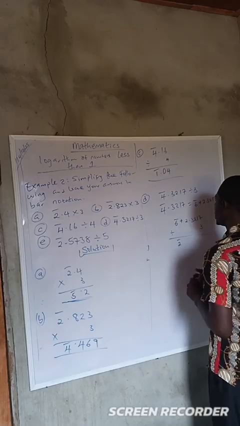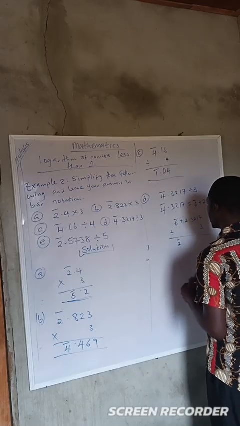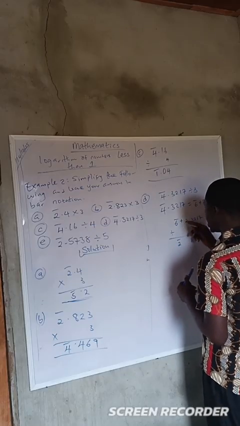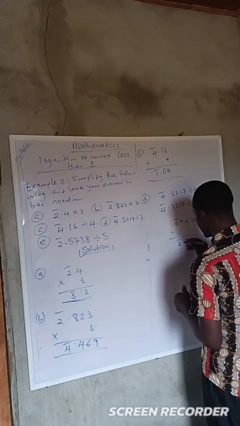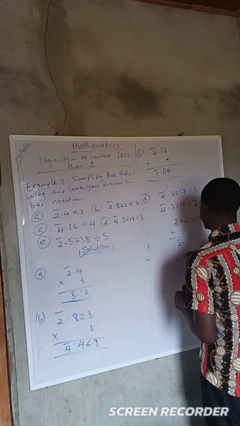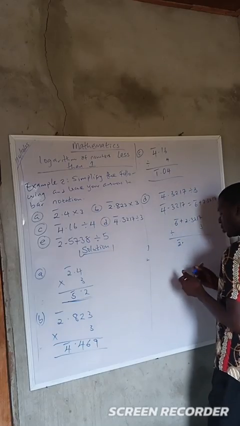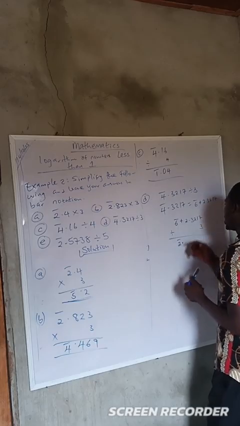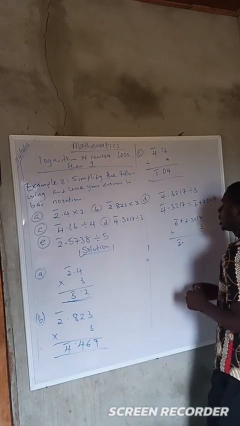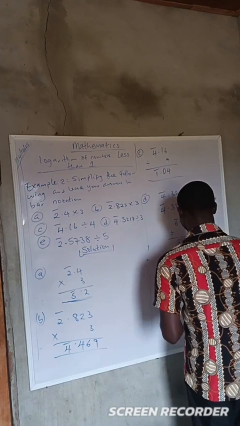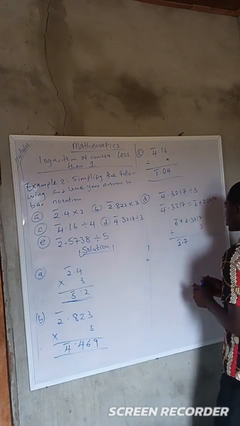So if it is 0, you can shift it. Then this is going to be plus 0 point. So we can put the point here. Put the 2 in front of 3. You have 23. How many 3 can you have in 23? You have 7.